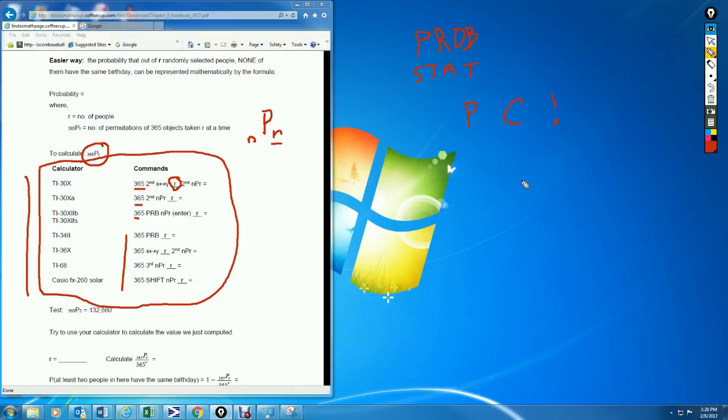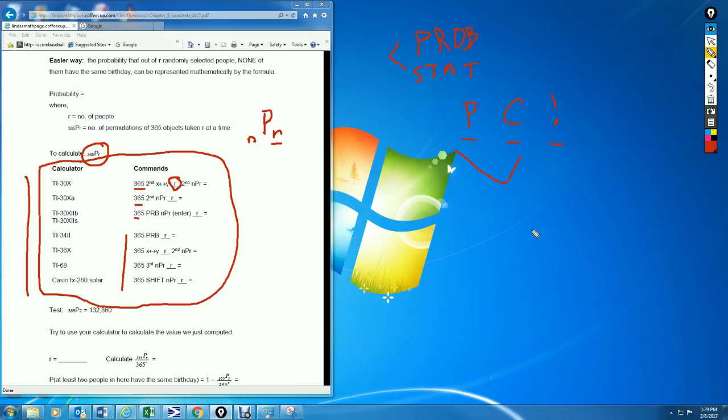And generally, you want to enter the number N first, the total number of objects, and then go into the menu, pick, do you want to do a permutation, a combination, or a factorial? And then, assuming you're doing one of these two, enter the second number, R, and then hit your equals button or your enter button or whatever.